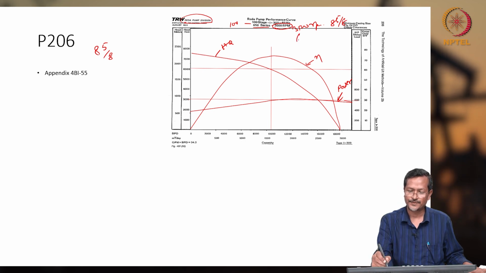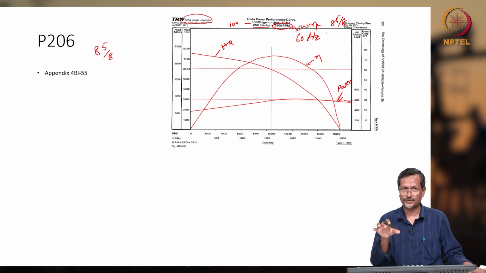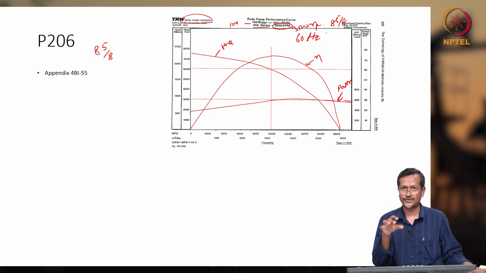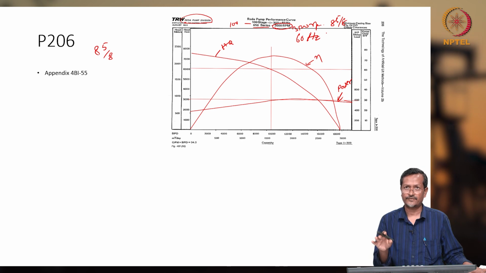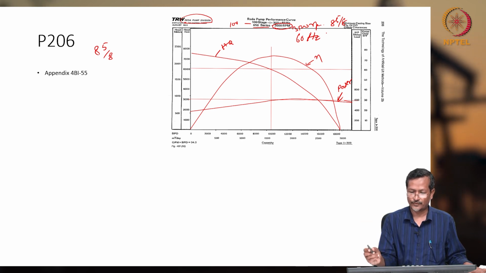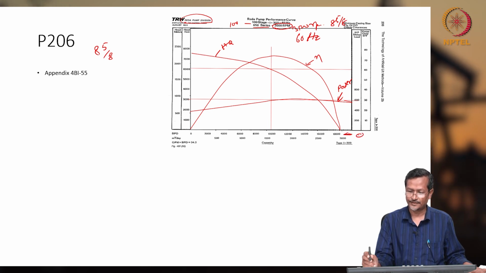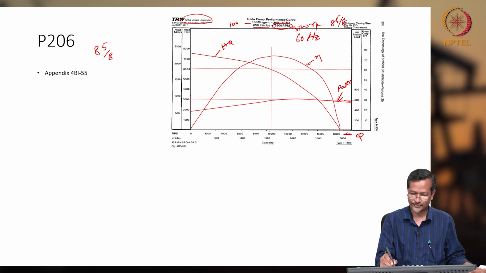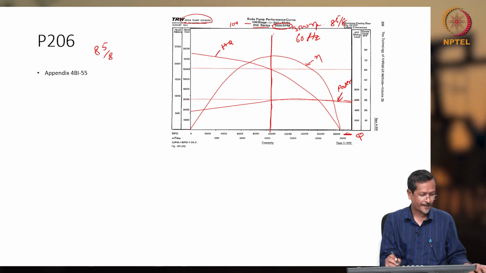Because it is 60 hertz they are assuming, and synchronous will be 3600, but because of loading 100 RPM is reduced, so it is becoming 3500 for a 60 hertz pump. Okay, and the x-axis is showing capacity. This is the capacity of flow rate. Okay, so we have 10,000 barrels per day flow rate.